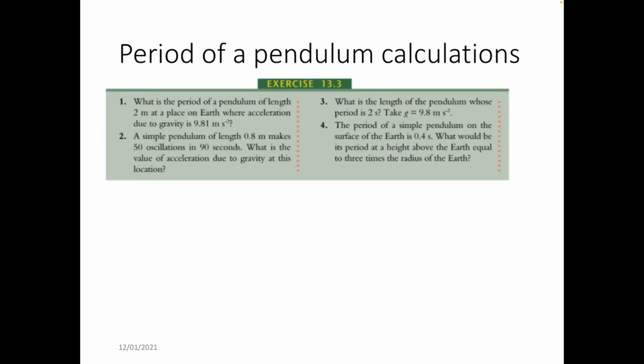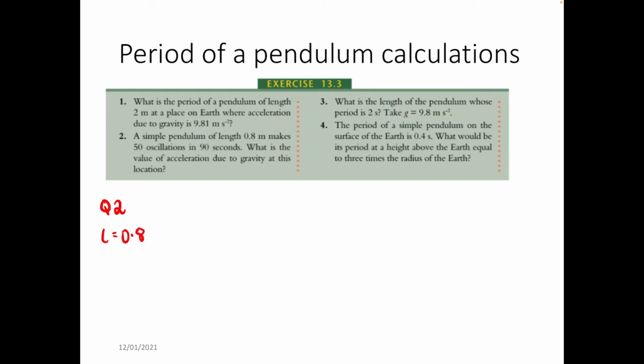Okay, let's look at an example question. This is exercise 13.3. Let's look at question 2. In question 2, we're told that a simple pendulum has a length of 0.8 meters and it makes 50 oscillations in 90 seconds.